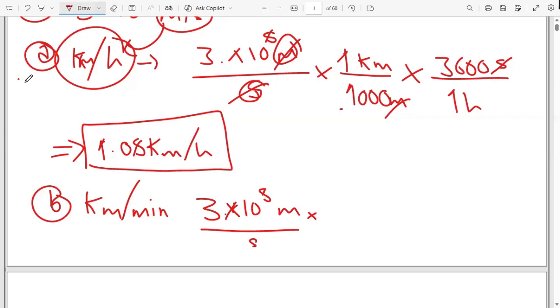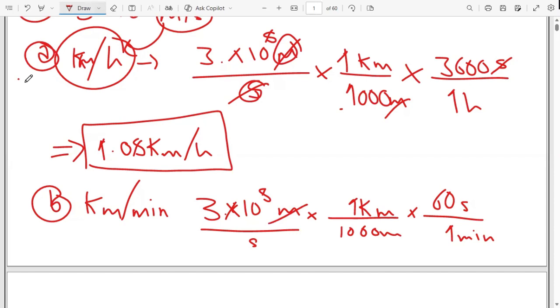So I'm going to have my conversion factor between the meter and the kilometer as usual: 1000 meters over 1 kilometer as a numerator, multiplied by the conversion factor between a minute and a second. So the second is going to be at the top. This is 60 seconds being equal to 1 minute. Okay, so this is what I'm going to have.